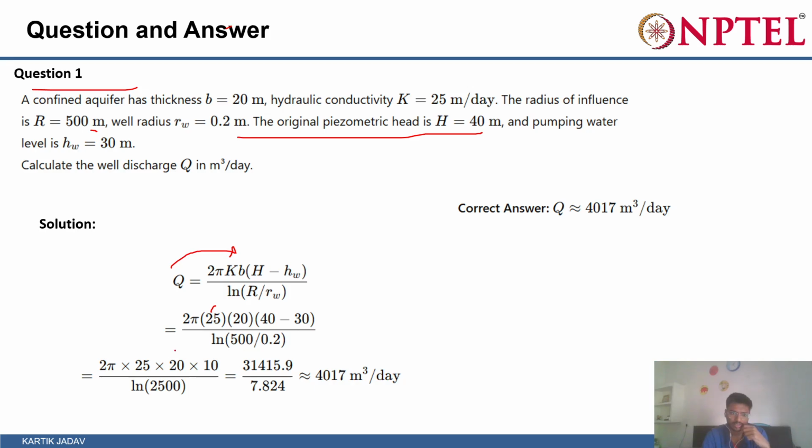Let's simplify this and find our final answer, that will be 4017 meter cube per day, right? By balancing all these, the correct answer is this.